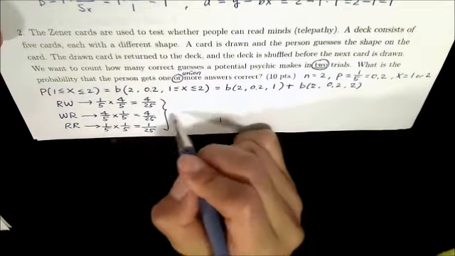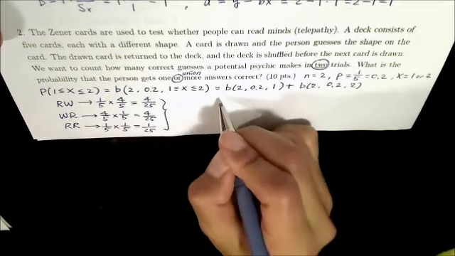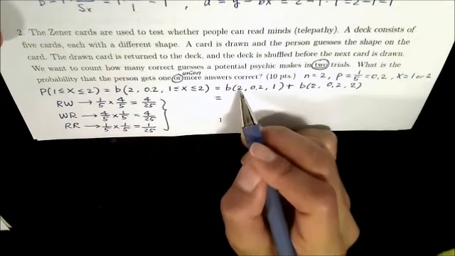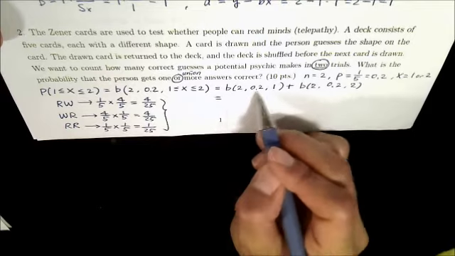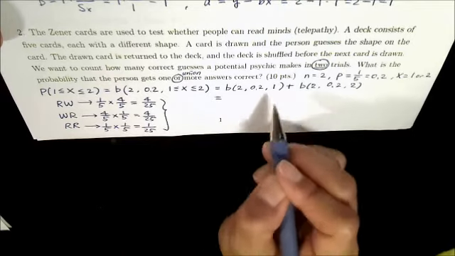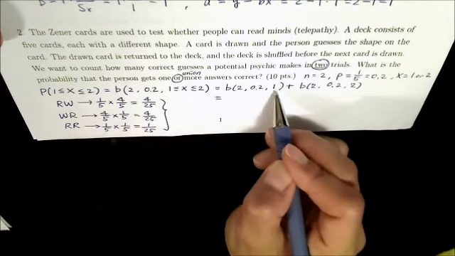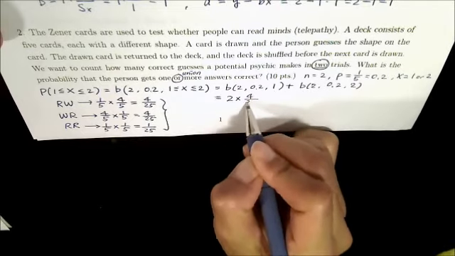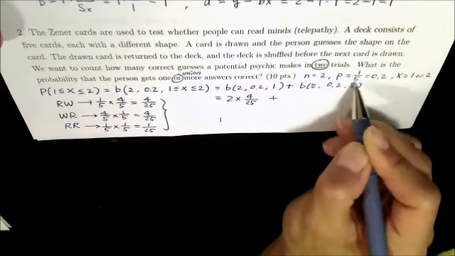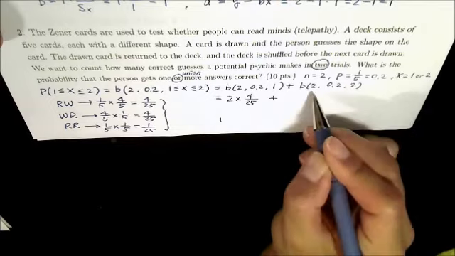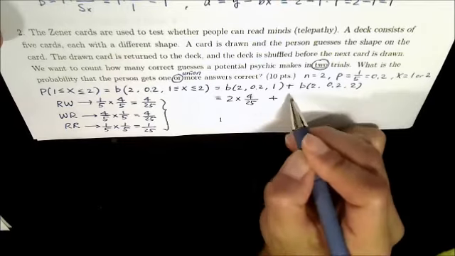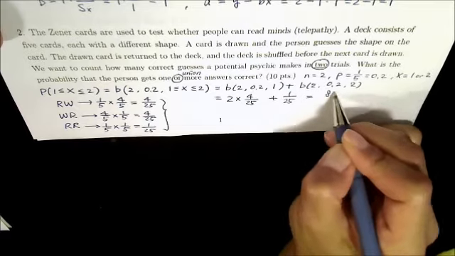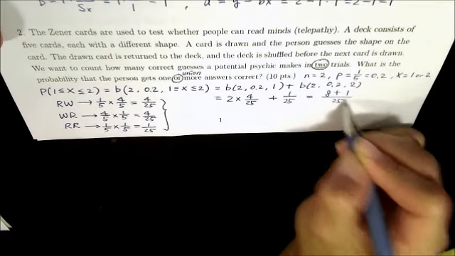So if you find binomial(2, 0.2) at 1, which case is this? One answer is correct, so these 2 cases, 2 times 4/25, plus 2 answers correct out of 2, which is 1/25. Therefore, 8 plus 1 over 25, 9 over 25.